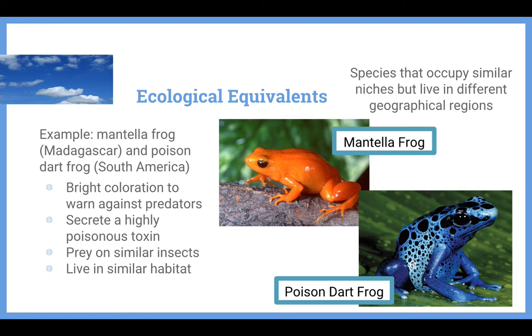But the mantella frog and the poison dart frog both have bright coloration that's going to help warn predators not to eat them, because if they're eaten, they have a highly poisonous toxin that they release as a result. They both prey on similar insects and live in similar habitats. So they're ecological equivalents. They live in the same type of environment, but they don't live on the same continent, so they're not competing for the same resources.